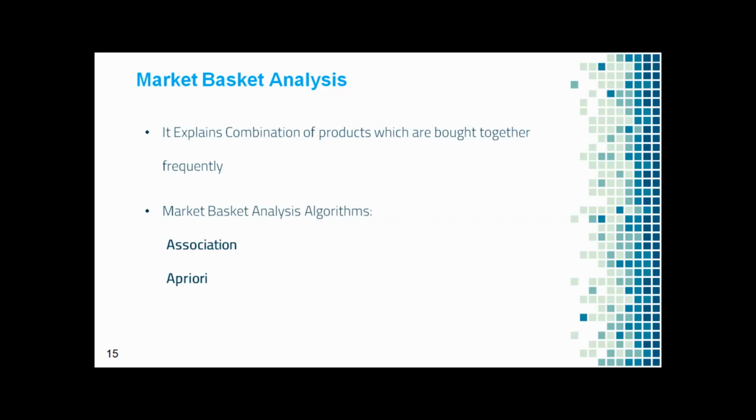Based on the statistics, this will give the information that these products can be bought together. Or if we keep a few of the products together with this, they will also be sold. Market basket analysis means keeping similar type of data that can be sold together frequently, we keep it together.